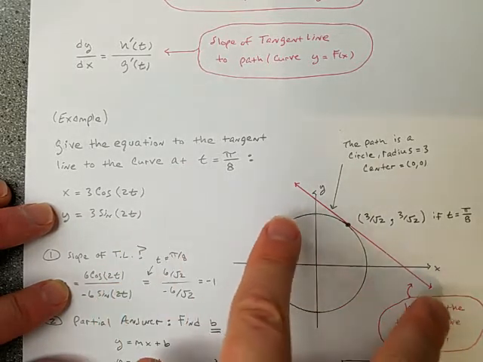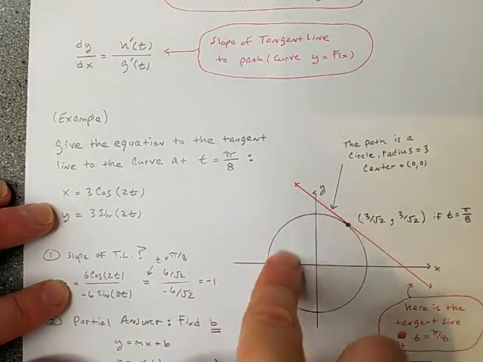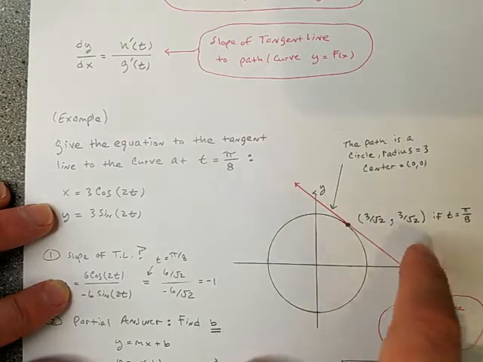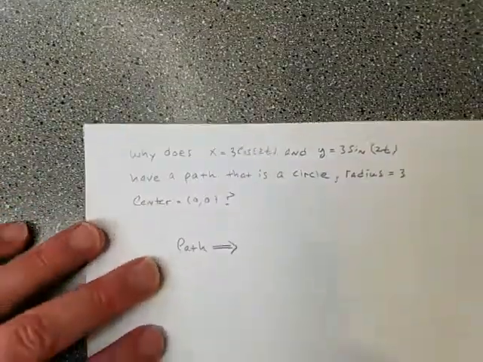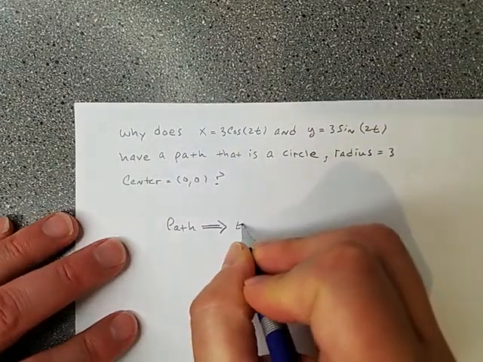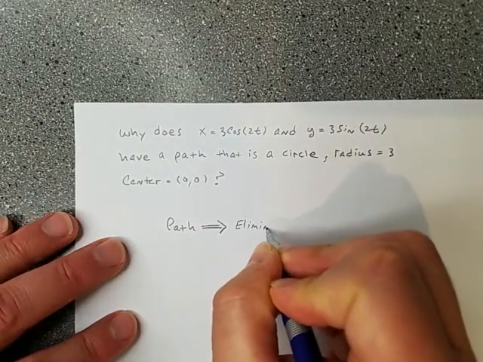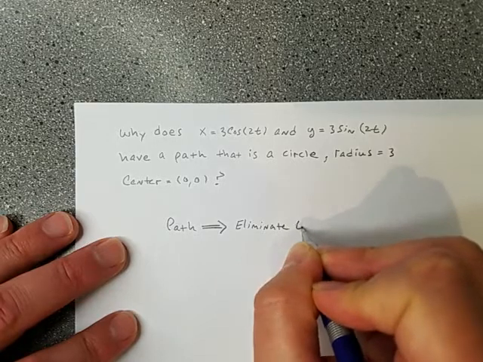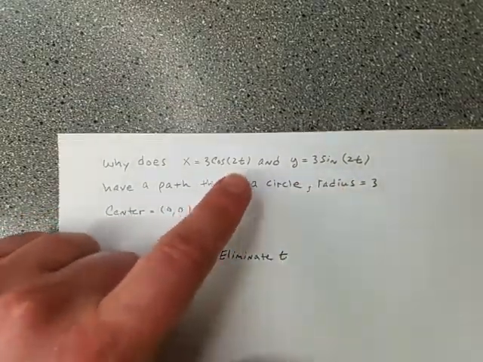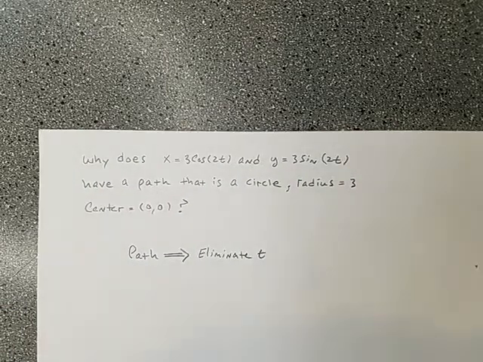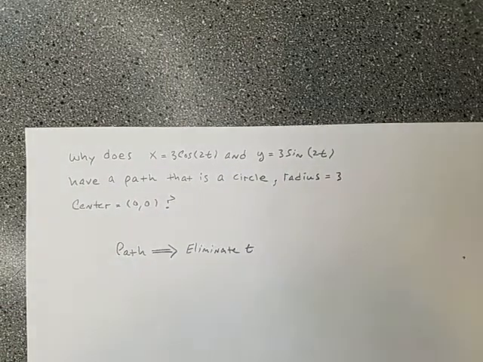It just gives the information about the place, the path, all right? So in other words, it has x and y, but not t in it. So generally, we find the path by eliminating t, okay? So if I can somehow get rid of t out of those and just have something with x and y, then I would have my path, okay?